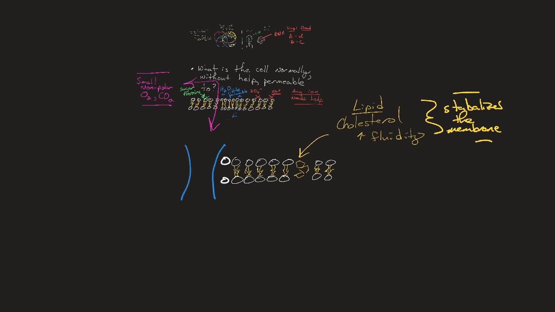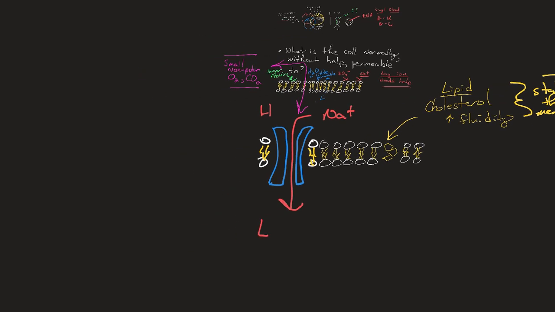The simplest of them is a channel protein that just allows something like a sodium ion through, going from high to low. Correct? That's the simplest of the proteins.